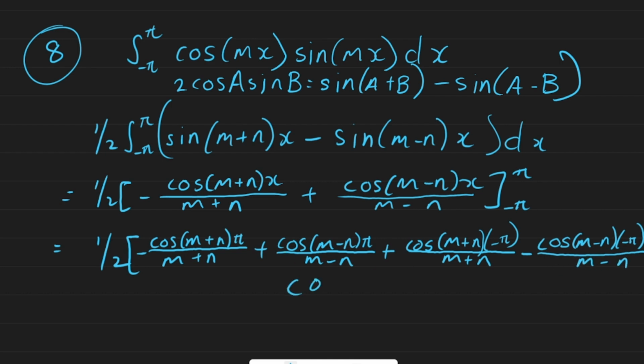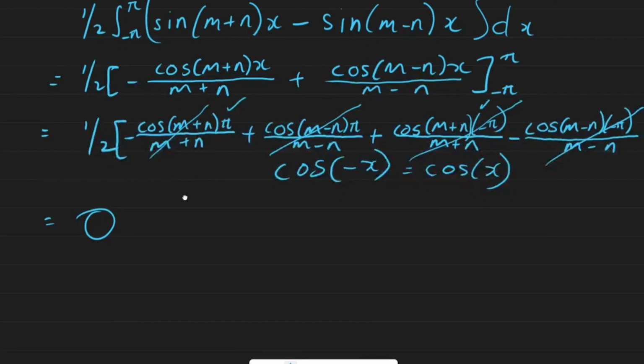So we remember our previous identity that cos of minus x is just cos x. So if you look at that term and that term, you'll see that the only difference between them is we have minus pi here, and with this identity we can see that they are the same. So that term is going to cancel out for that one, and it's the same for this one. So that term, second term, will cancel with the fourth term. So this also gives us 0.